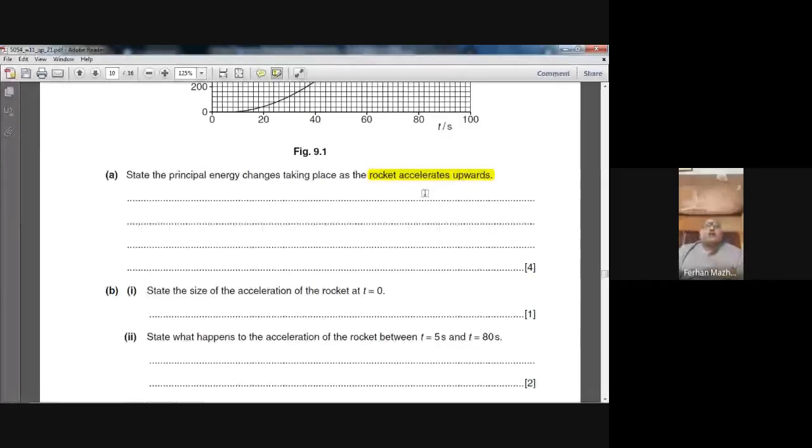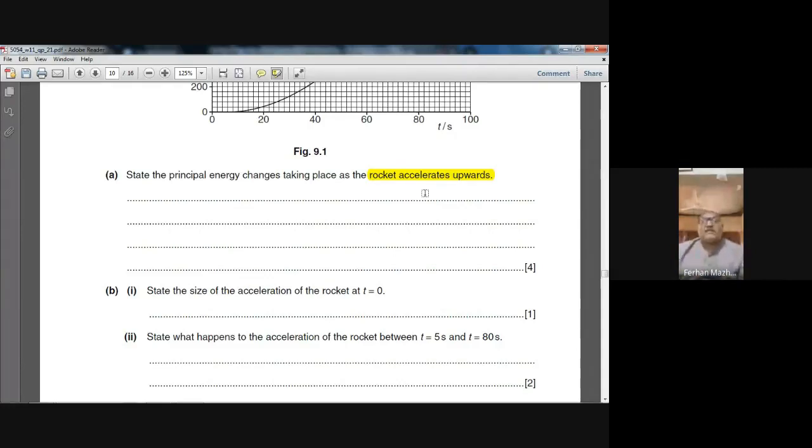The rocket has fuel, and the fuel has chemical potential energy at the start. Then the fuel burns, so thermal energy is given out, and due to the hot gases produced, the rocket is pushed upward. The thermal energy is used to produce kinetic energy, and the rocket starts moving upward.